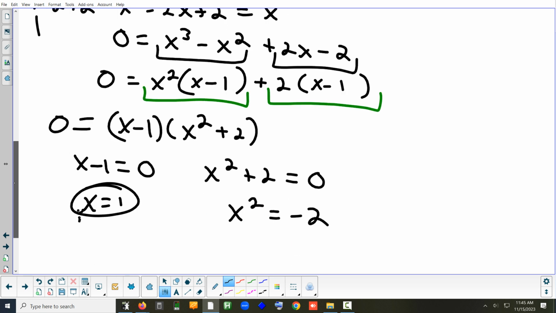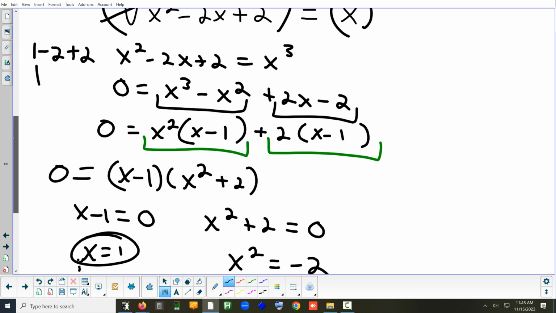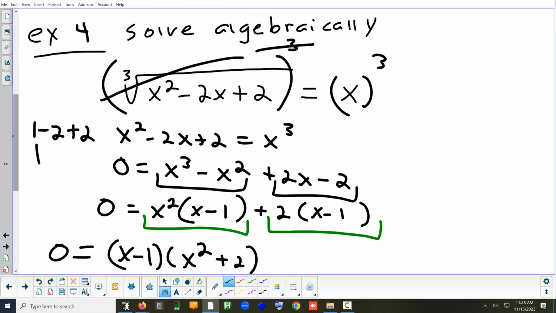It might work. I'd have to do it all out and check it. But you don't have to worry about the imaginary in this section. That is a good question. I've never really thought about taking cube roots with imaginary numbers. Another good question I will look up, and I'll let you know.